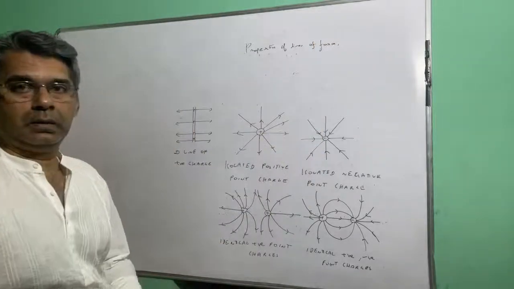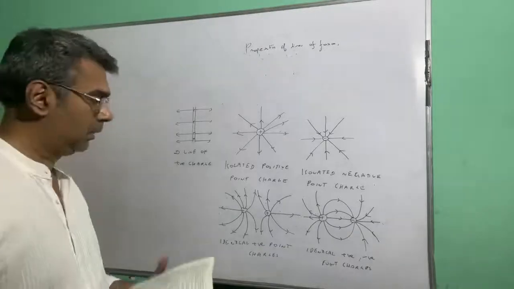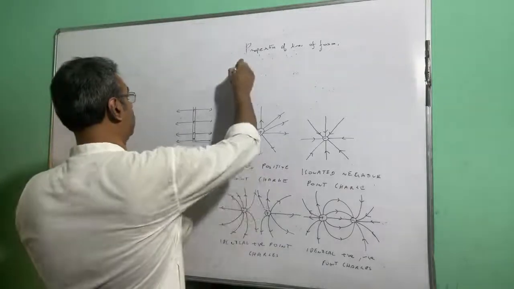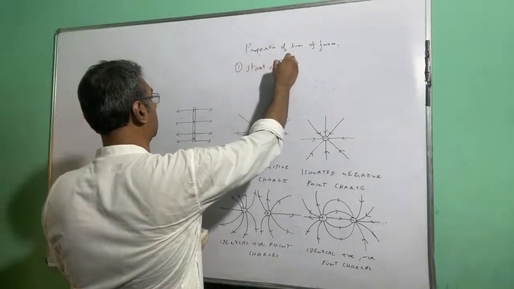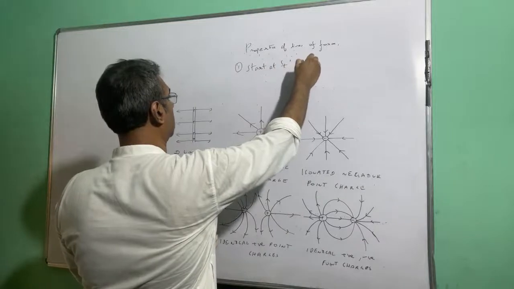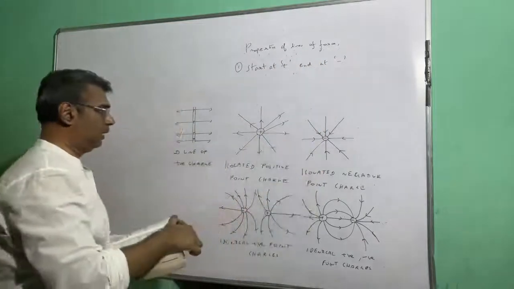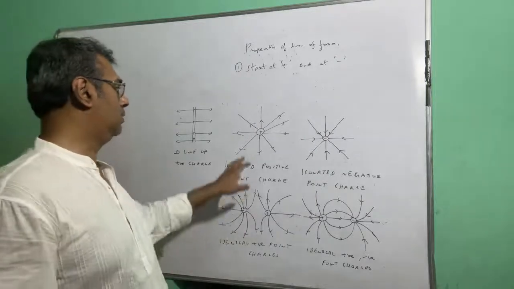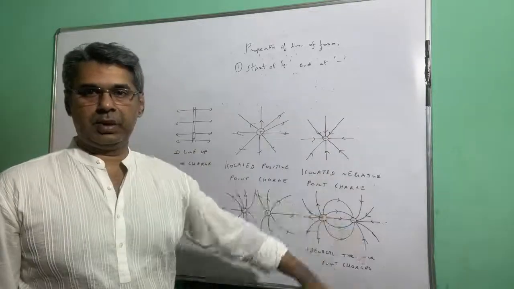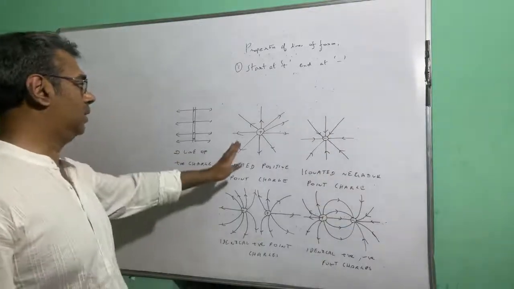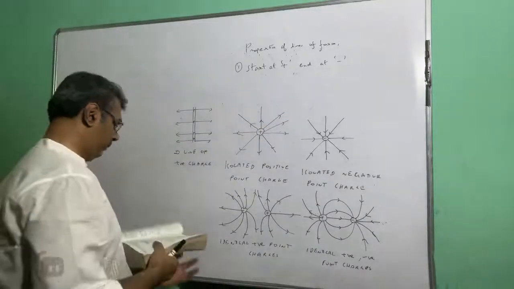The first property, as you can see, is that they will always start from a positive charge and they will always end at a negative charge. That is property number 1.